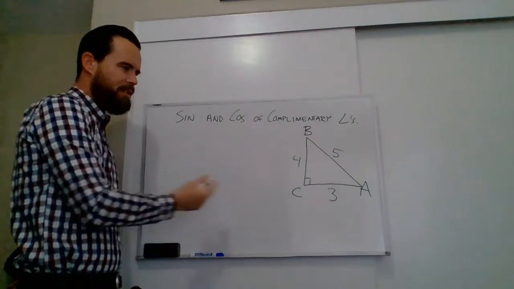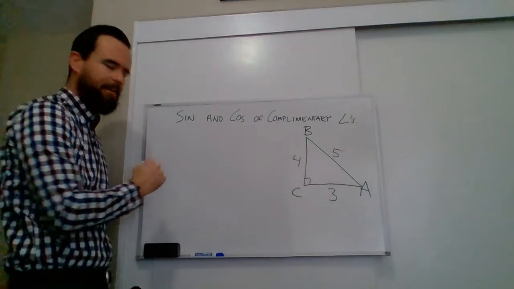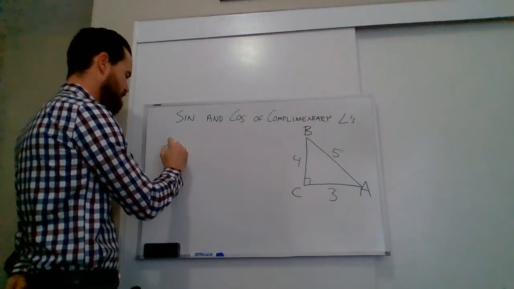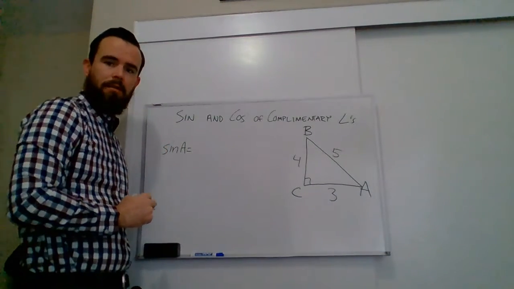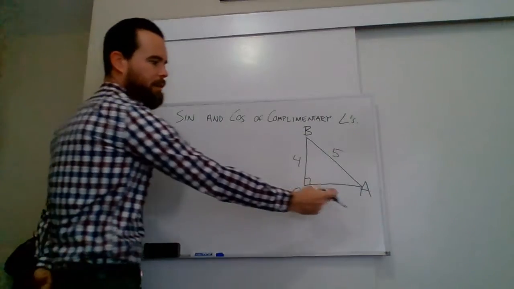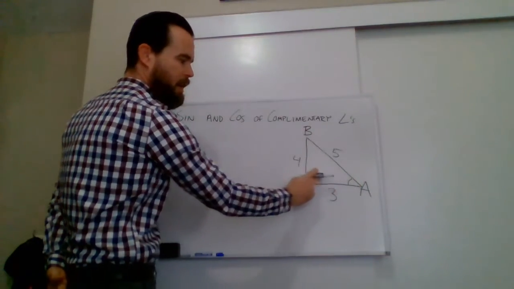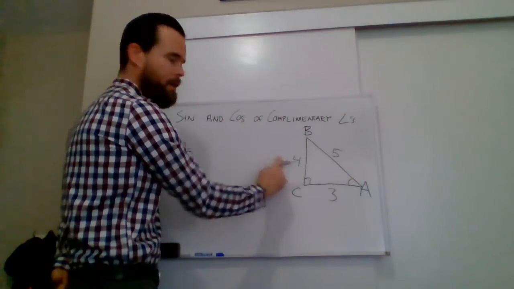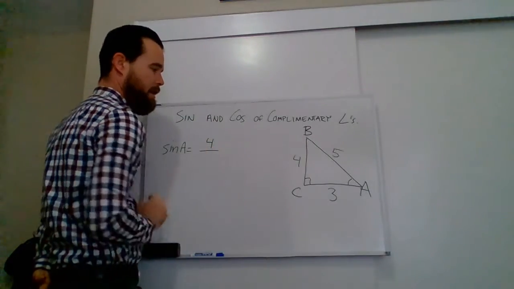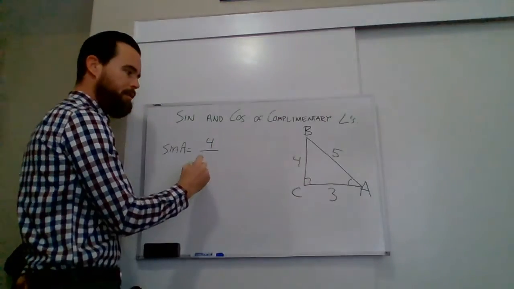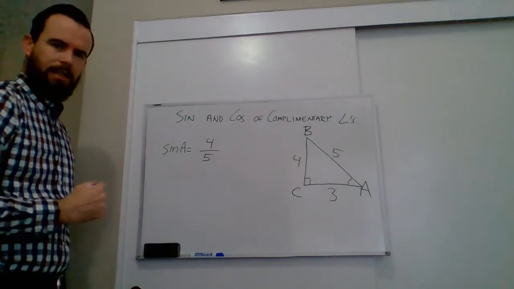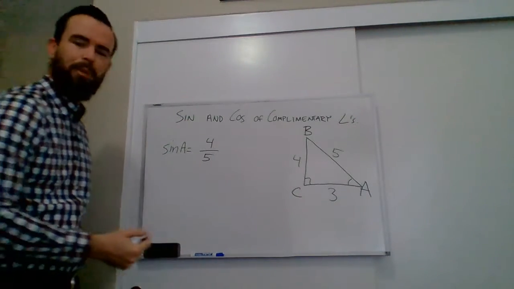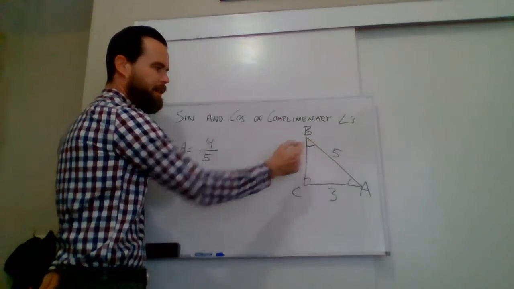And let's just go find the sine of A. Remember, it's the opposite of A over the hypotenuse. So here's our angle A. The opposite side is 4, and it's going to be over the length of the hypotenuse of 5. Now just for fun, let's look at the cosine of, say, angle B. We're going to be looking at this one here now.